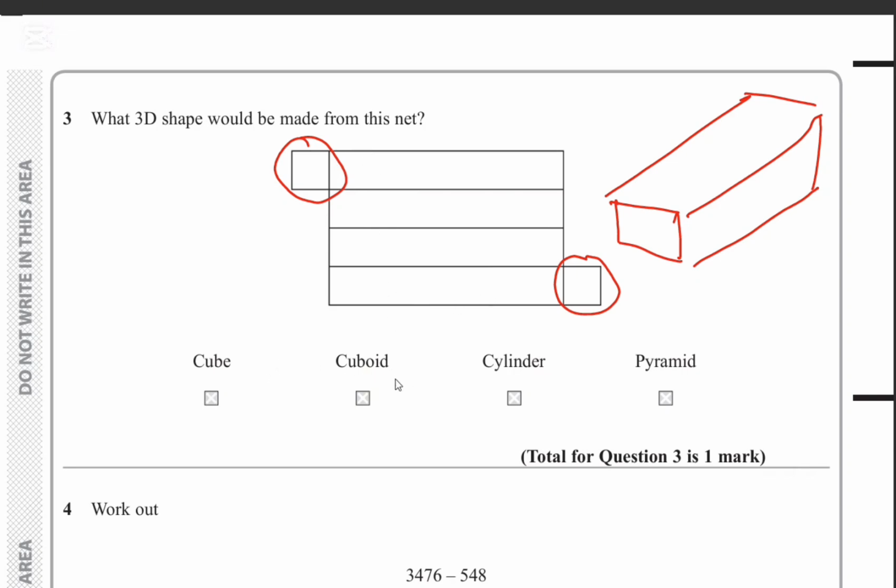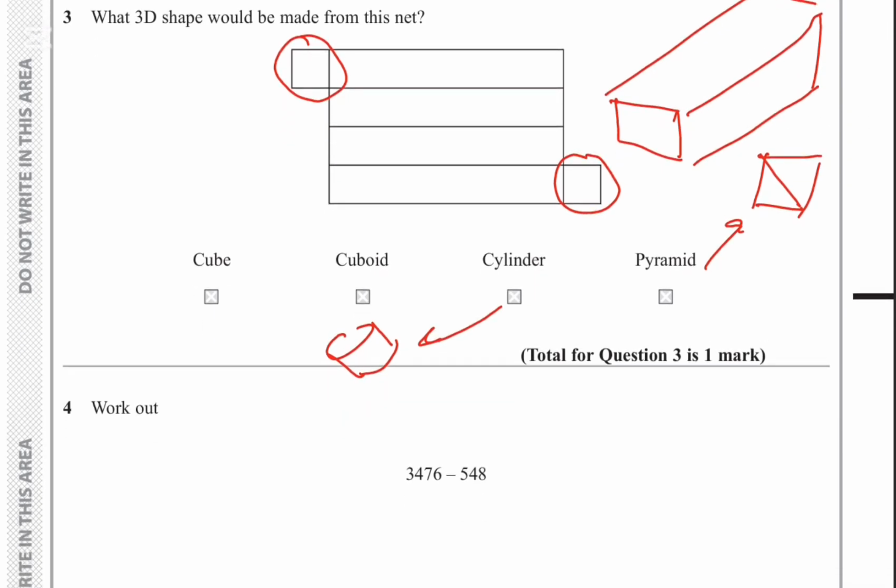That's a cube. Cuboid is like this. Cylinder is like this, like a can. And a pyramid, well, it's a tricky one. We have a triangular base pyramid or tetrahedron, or a square base pyramid. It depends on what pyramid you're asking.